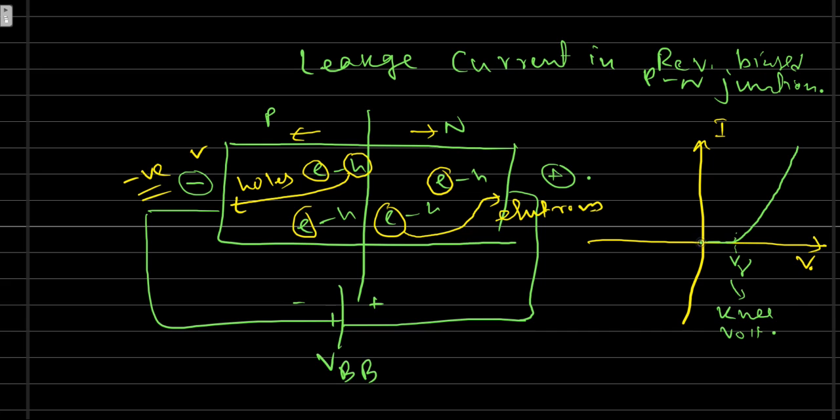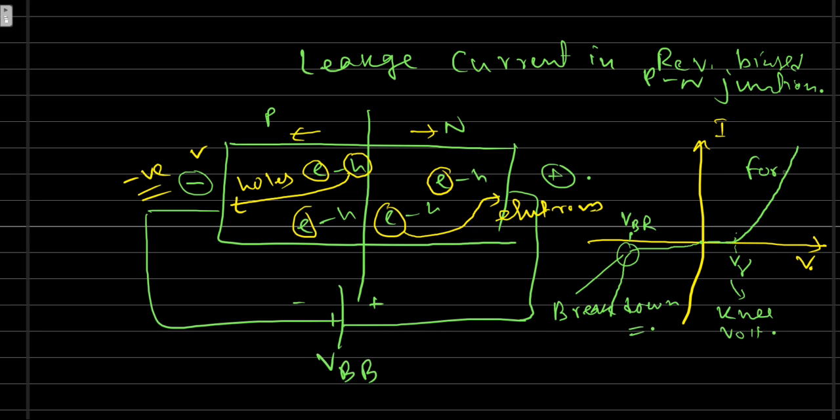In reverse bias, the current is very small, close to zero, and after some value of reverse voltage there will be breakdown. We'll discuss this later. This is VBR, the breakdown of the PN junction. We shall discuss it in some other video. It's called the breakdown region.